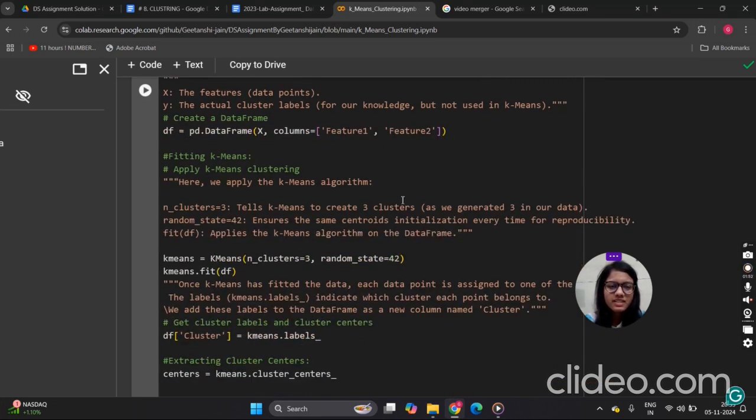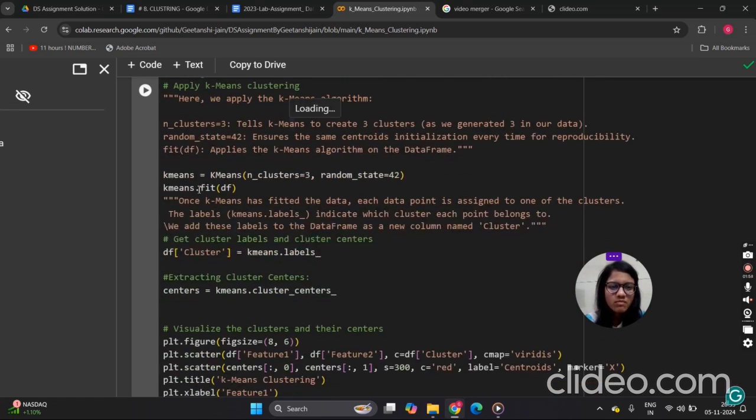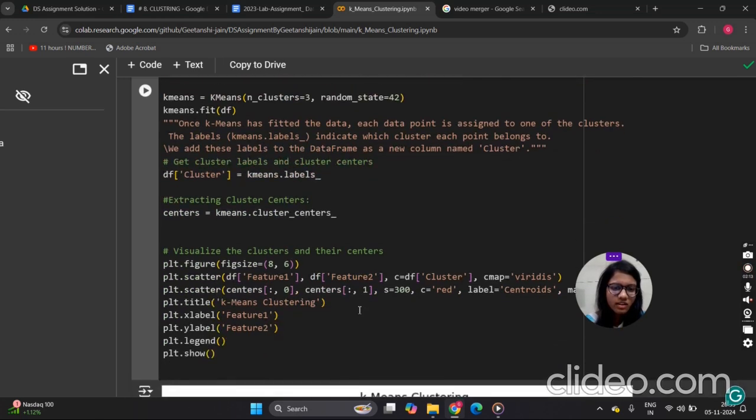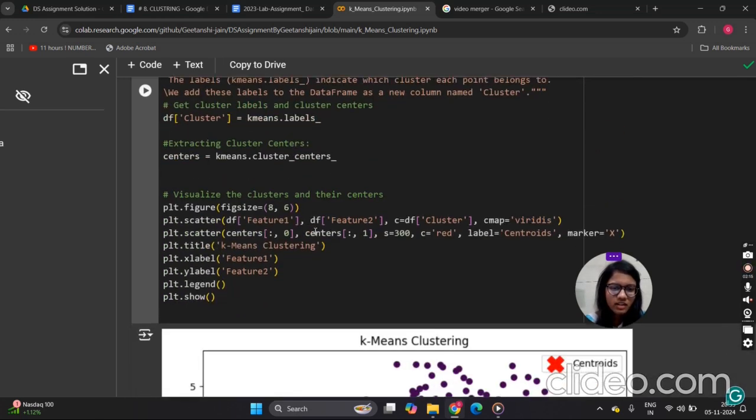Apply k-means clustering: KMeans with n_clusters equal to 3, random_state 42. Once k-means has fit the data, each data point is assigned to one of the clusters. So df cluster is equal to kmeans.labels_. Extracting the cluster centers: kmeans.cluster_centers_.